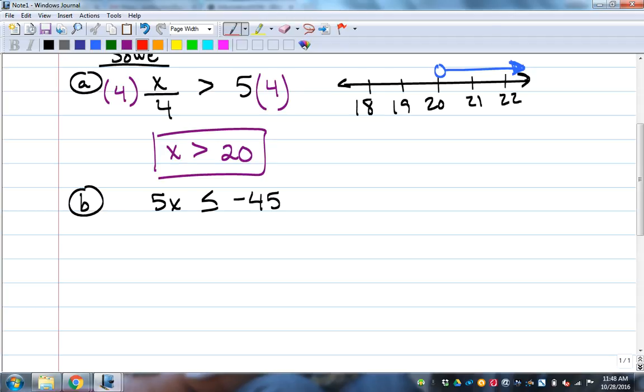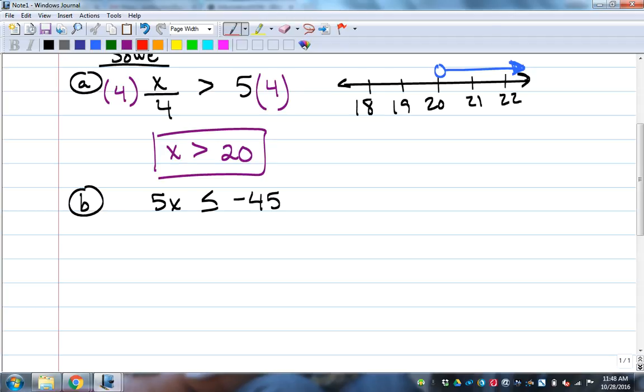As long as the variable's on the left, that's true. If the variable's on the right, it doesn't work that way. Yesterday we flipped them around so the variable's on the left. You can use that rule of thumb that if the variable's on the left and it's got a greater than symbol, it's kind of pointing toward the right, that means it's going to go toward the right.